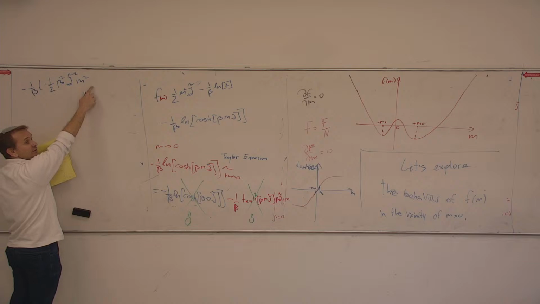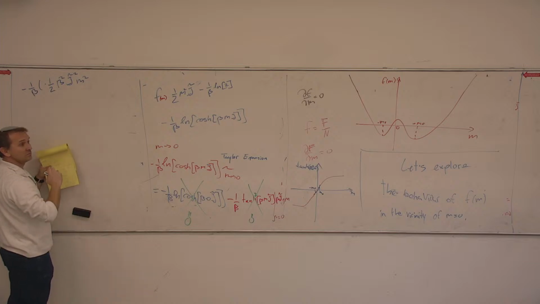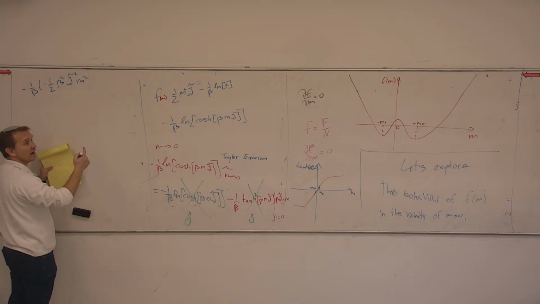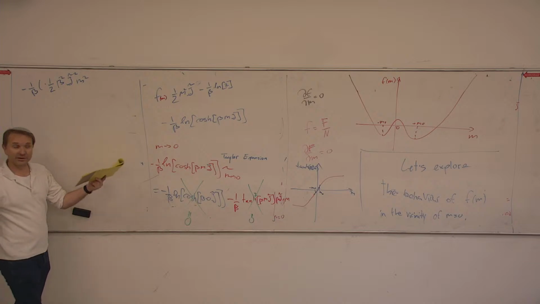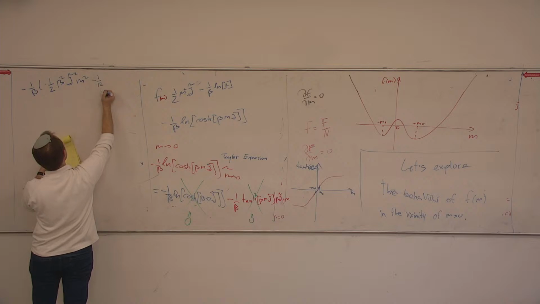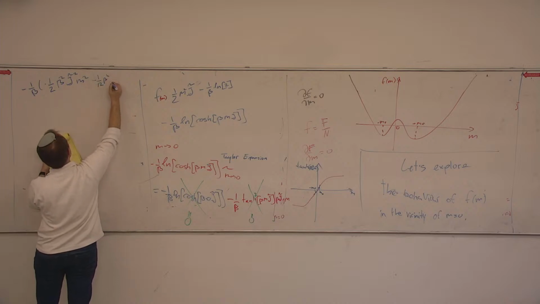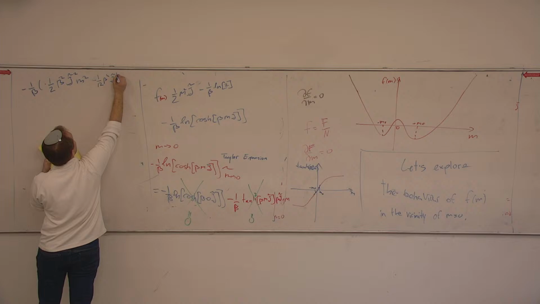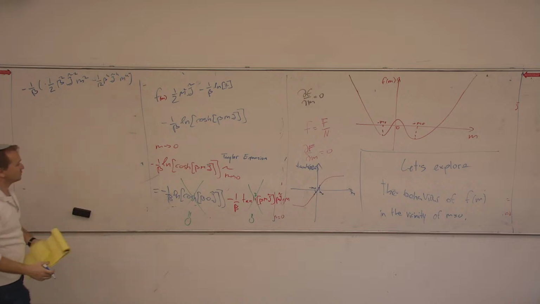The third order will cancel out, and we are going to explore up to the 4th order. Why not? I will explain in a second why. And it's minus 1 over 12 beta to the 4th j tilde to the 4th m to the 4th. Okay, so this is the expansion.